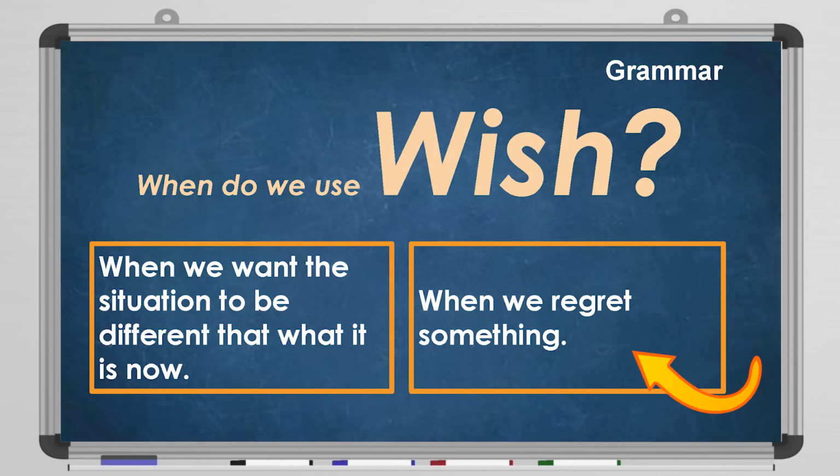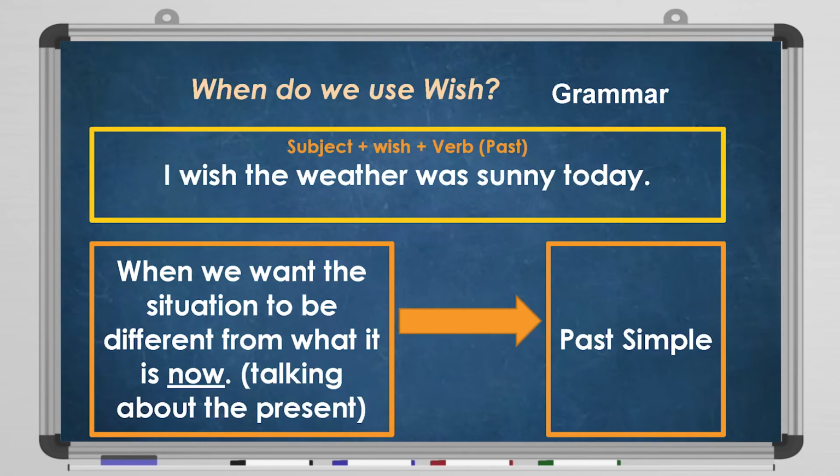What does that mean? For example, when I say, I wish the weather was sunny today. So, the weather is not sunny today, but I wish the weather was sunny. So, I want the situation that I am in now to be different. That's why I said, I wish the weather was sunny today.